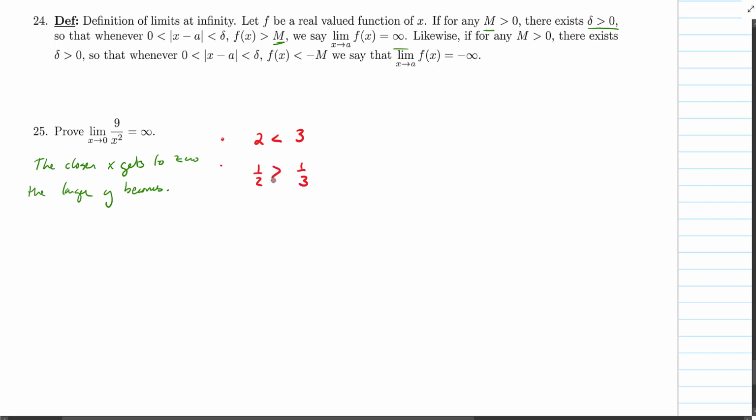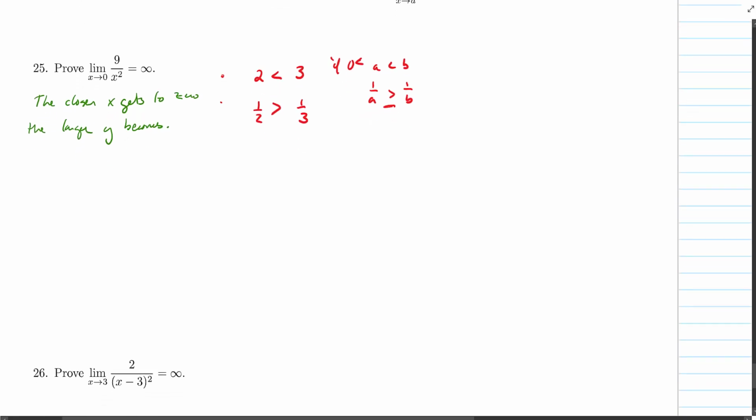Well, 1/2 is greater than 1/3. So if a is less than b, then 1 over a is greater than 1 over b. And let me just add, just so we don't get into trouble here, that these numbers are both positive, so they can't be 0. So if I take the reciprocal of an inequality on both sides, I need to switch the direction of that inequality. We're going to use that fact going forward.